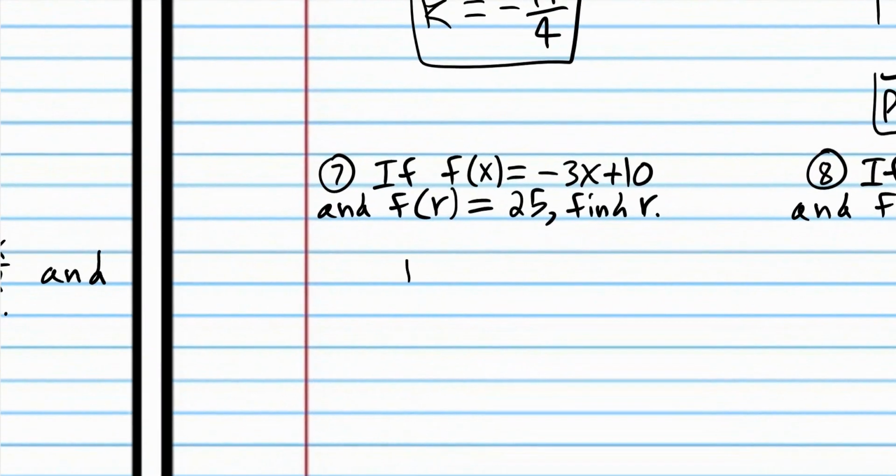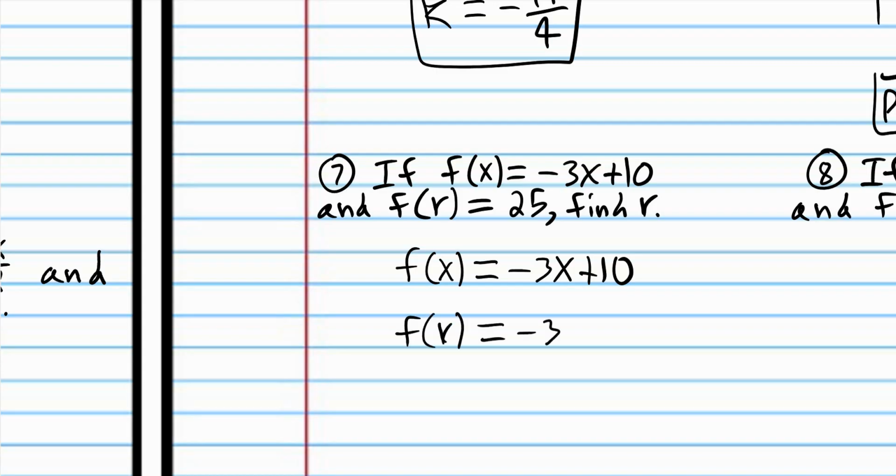Okay, we're back. So we know that f of x is equal to -3x plus 10. And so if that's true, then f of r is equal to -3r plus 10.